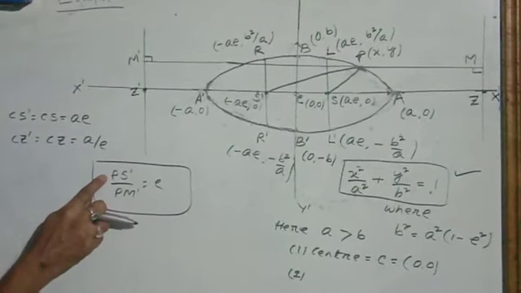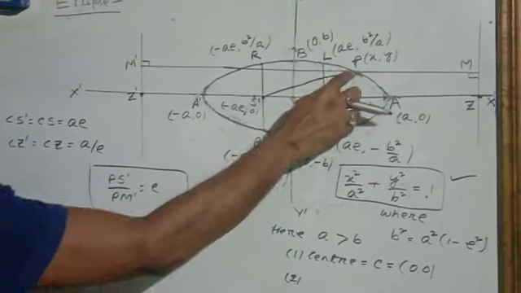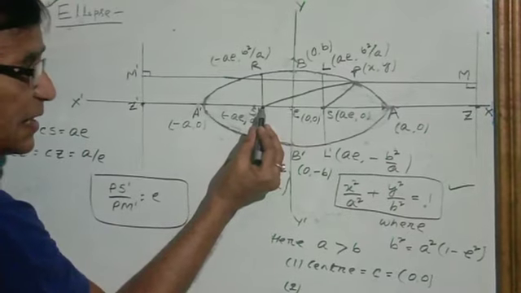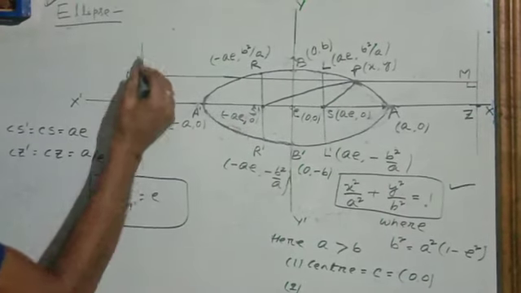We have to prove that PS dash by PM dash is equal to E. Then we can say that S dash is the second focus and Z dash M dash is the second directrix.